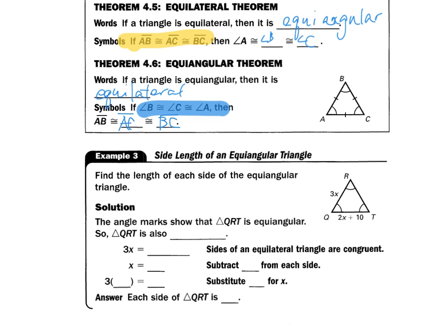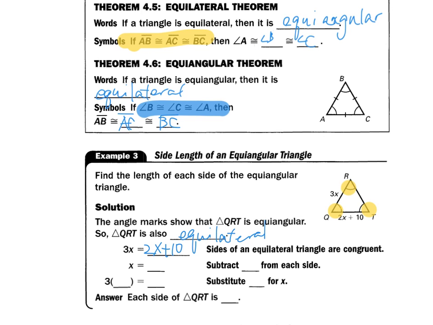Let's look at this example here. It says, find the length of each side of the equiangular triangle. It's already given that these three angles are all congruent, and therefore this is an equilateral triangle. Now 3x should equal 2x plus 10 because all three sides are the same.